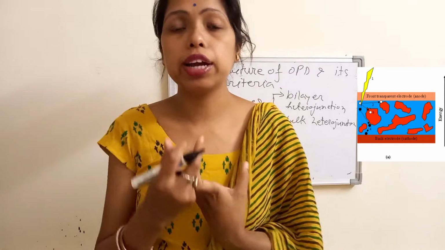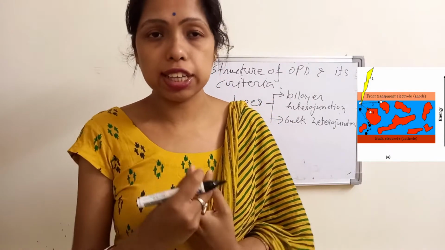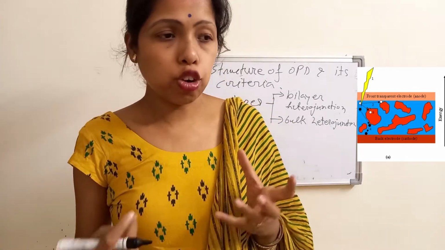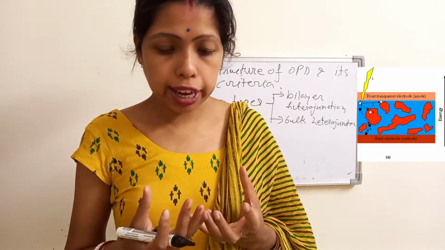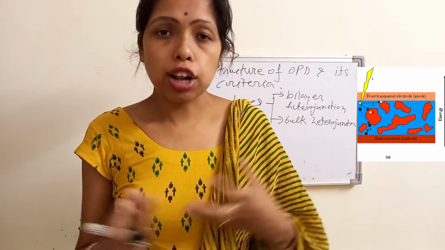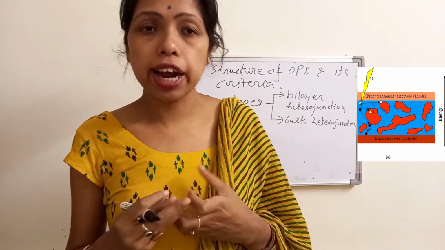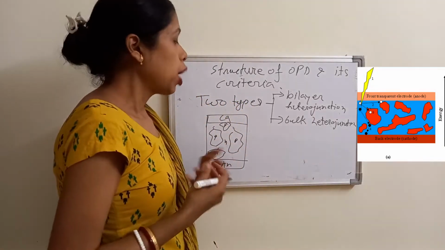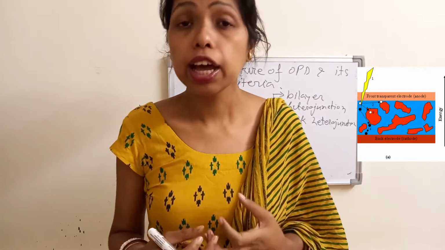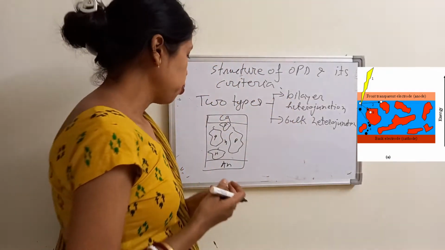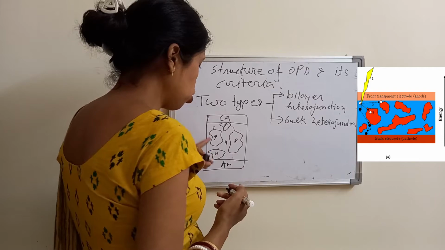The P type and n-type are both intermixed with each other. Like if you want to make any kind of solution, all the materials you have to mix, right? So in this way you can design the bulk heterojunction, intermixing of the P type organic semiconductor and the n-type organic semiconductor. So what is the advantage if you design the bulk?